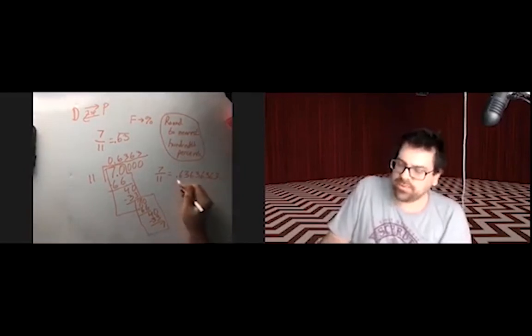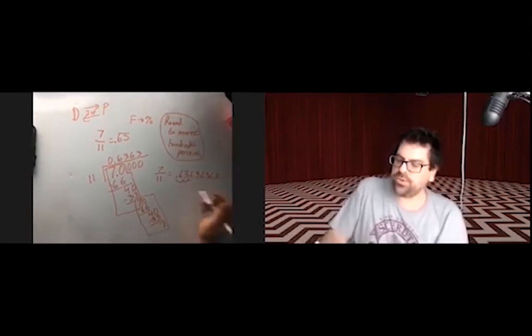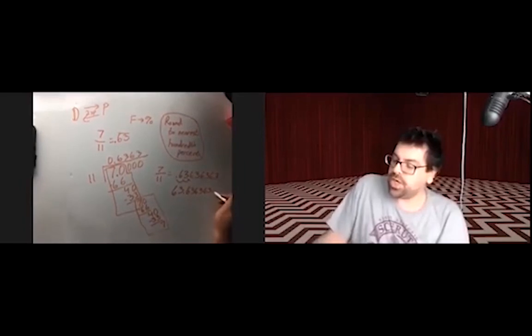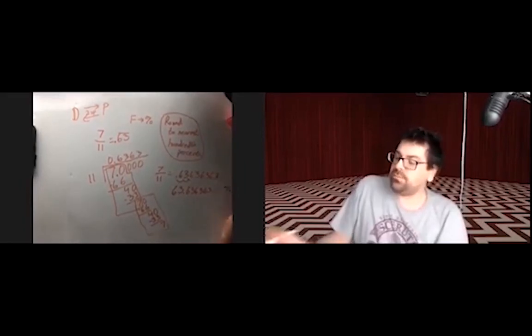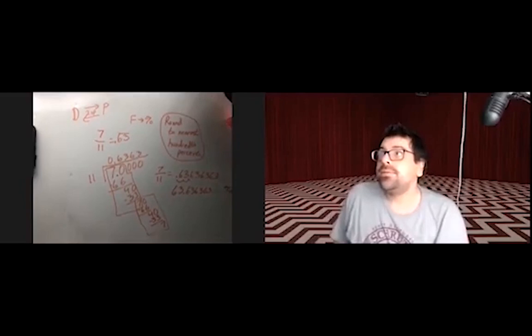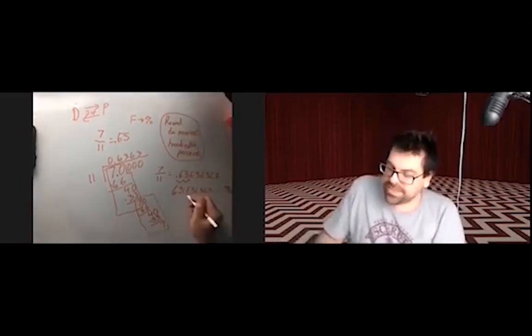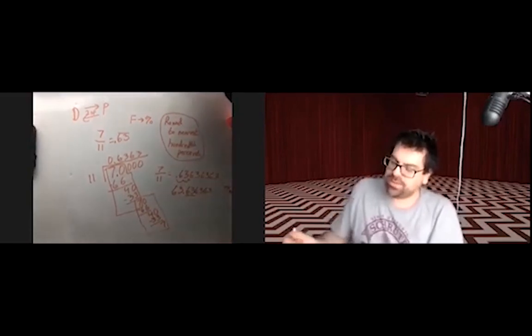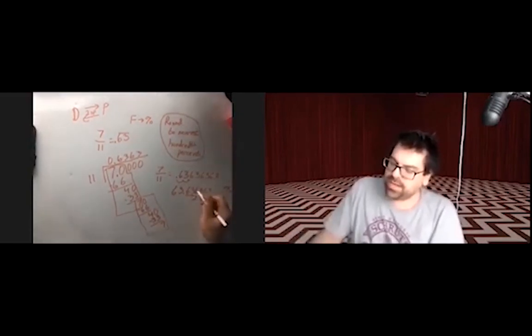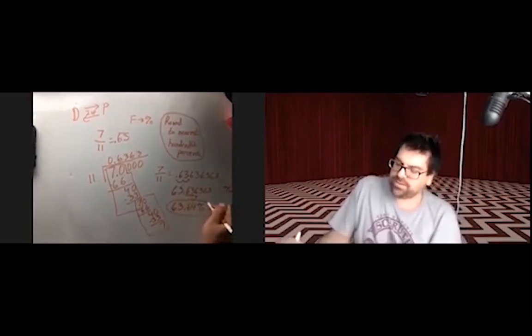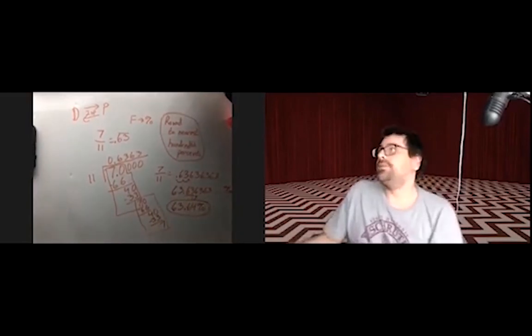Decimal to percent would go 2 that way. So this is 63.636363 dot forever percent. And now the nearest hundredth percent would be tenths, hundredths. Look to the right, it rounds up. 63.64% is our rounded answer.